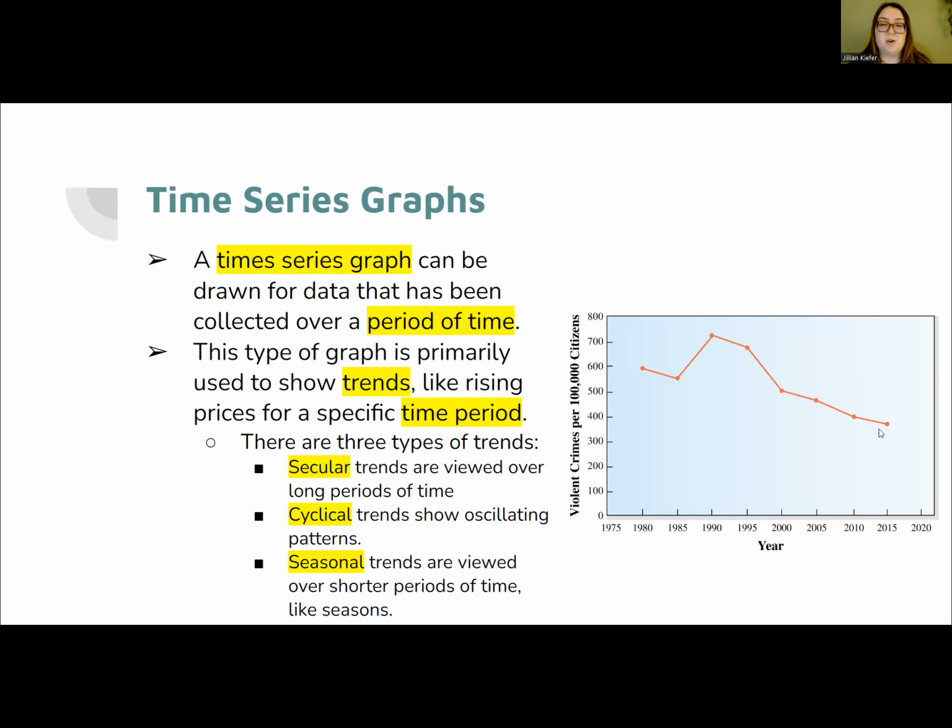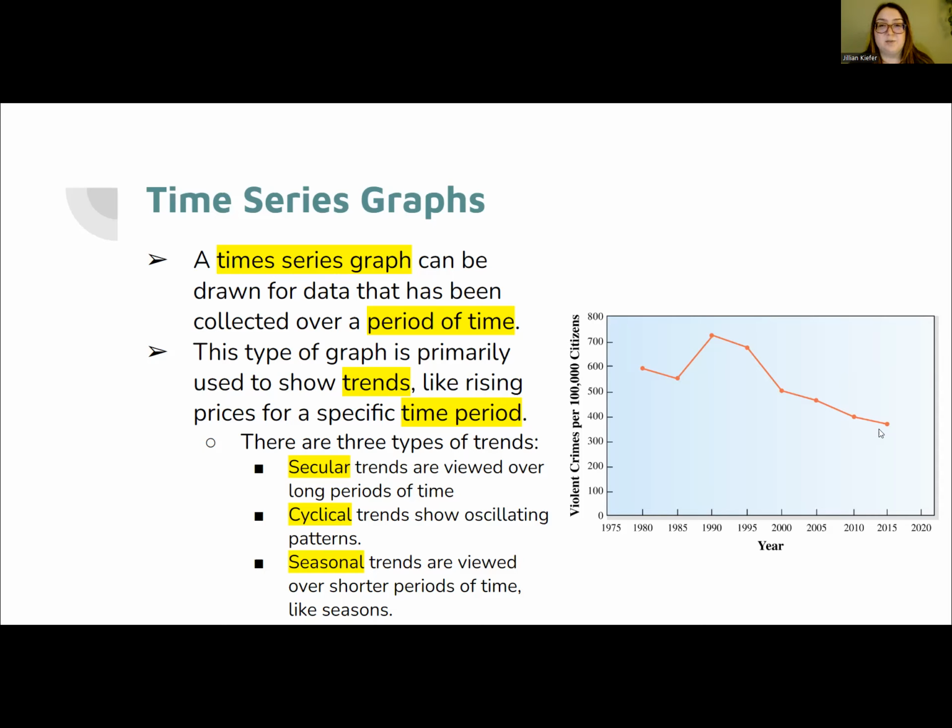Typically it's going to be hotter in the warmer months, and then cooler in the winter and fall months, and then it goes up and down and up and down throughout the years, because weather goes up and down based on our placement on the earth and how it rotates. So that would be a cyclical trend, something that is oscillating.